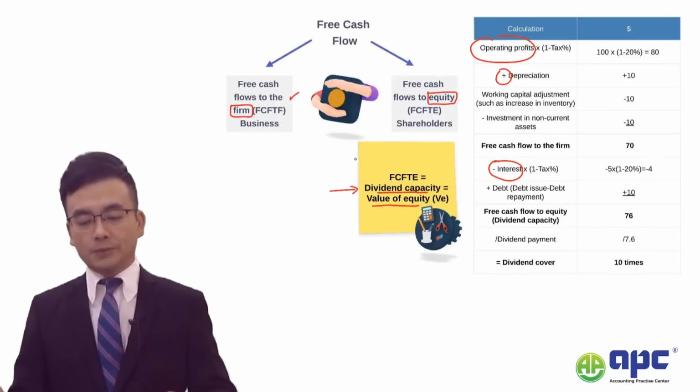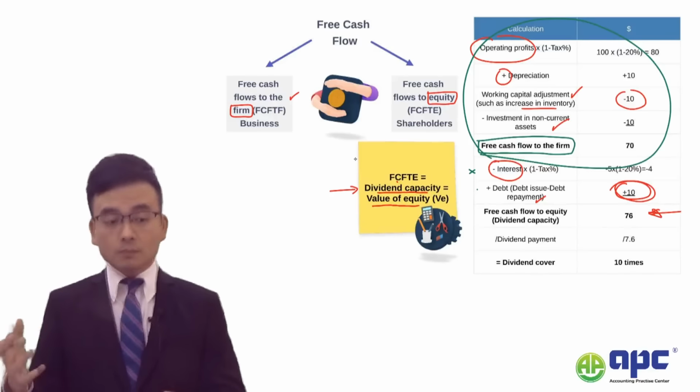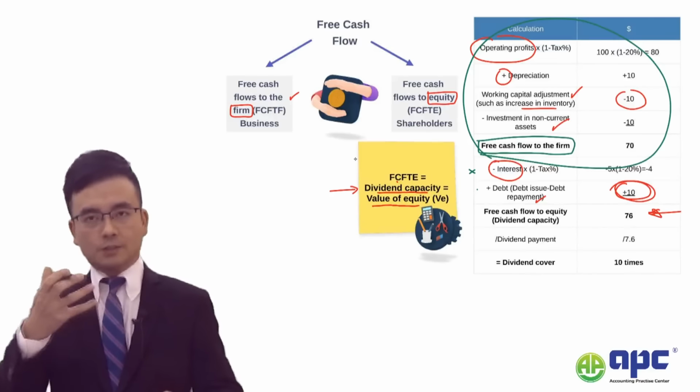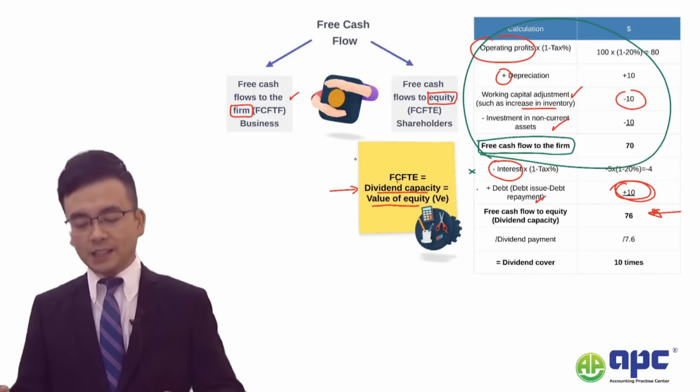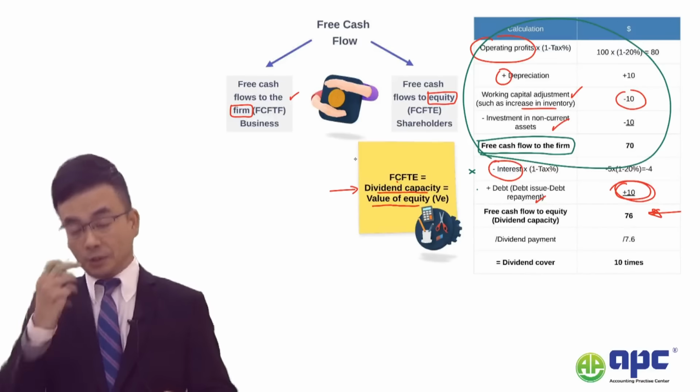And that's why before the free cash flows to the whole firm, we do not consider that interest there. And that's why we need to focus on the top half of the calculation. But if you ask about the free cash flows to equity in this paper, it's quite often that you will be faced with free cash flows to equity. So you can calculate whichever way that you want.